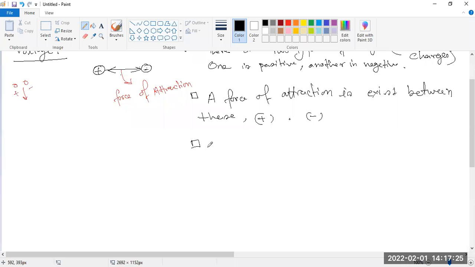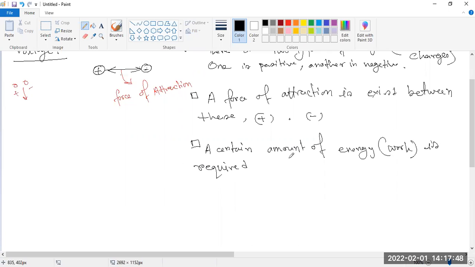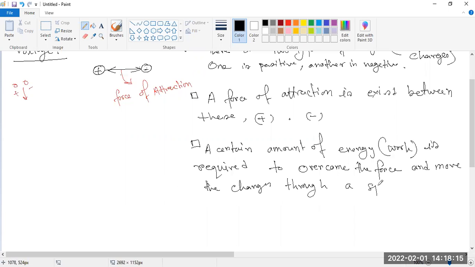So a certain amount of energy or work is required to overcome the force and move the charges through a specific distance.